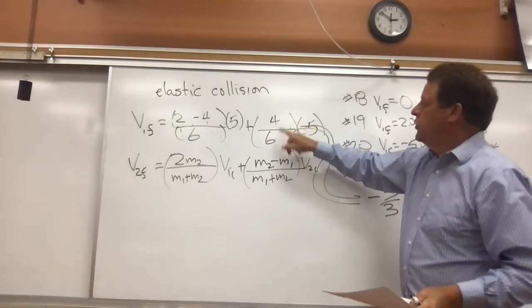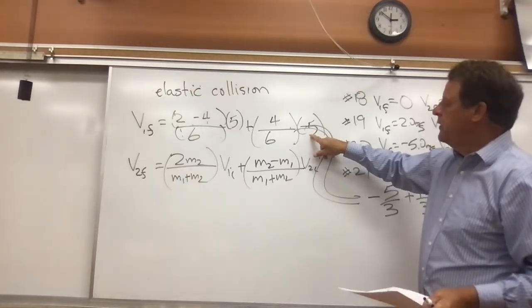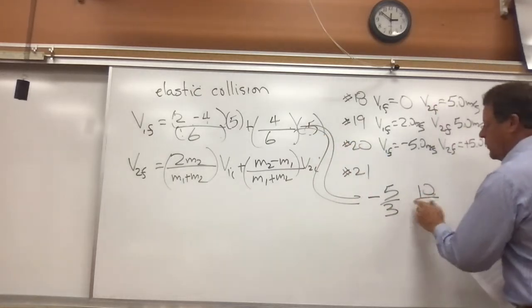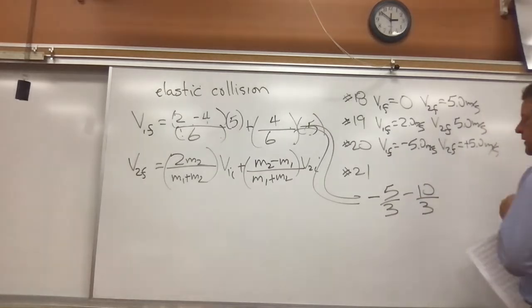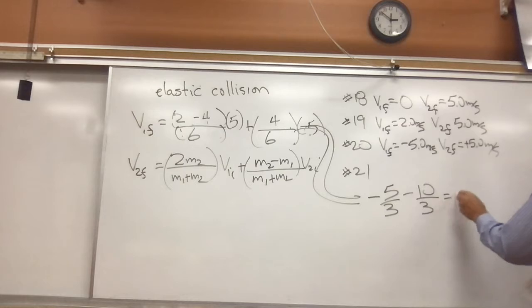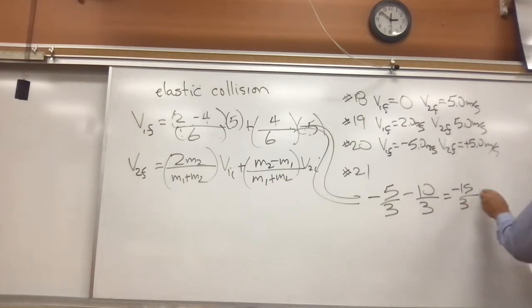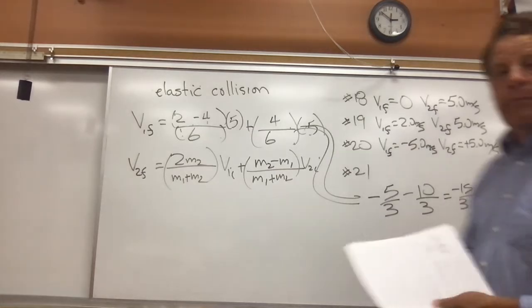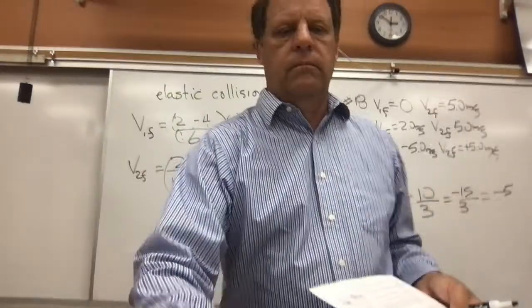Okay, 2/3 of 5 is going to be 10/3. But again, with the sign, that's going to be negative. So we're going to have -15/3. -15/3 is going to give us -5 meters per second. Where did I mess up here? Hold on, let me fix this because that's not coming out.